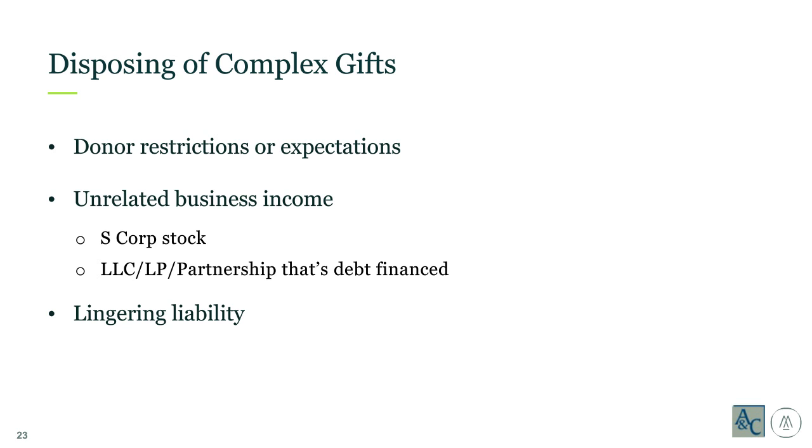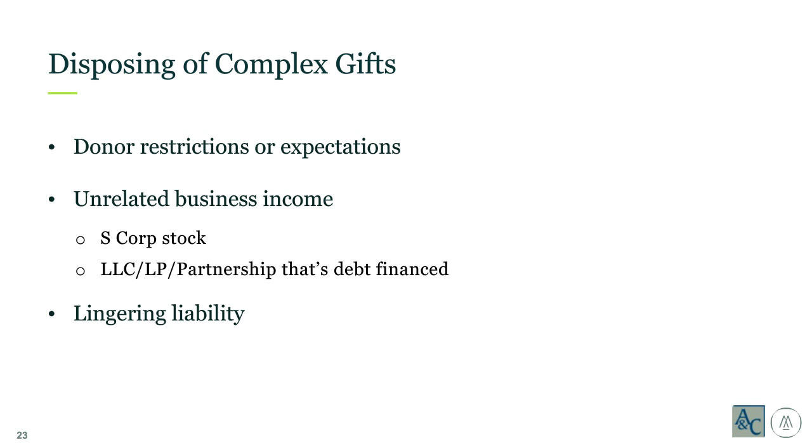You might have to go to court, or go back to the donor, if you decide that you do need to dispose of that gift. Expectations are a little harder because sometimes they're not written down. It's not a legal obligation to keep the gift, but there is an expectation, especially if you have a continuing relationship with the donor. You want to make sure that you're managing that relationship and communication so they don't learn that you're disposing of it in the paper.